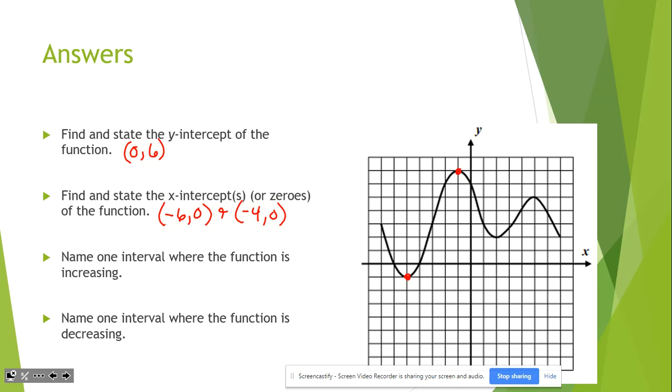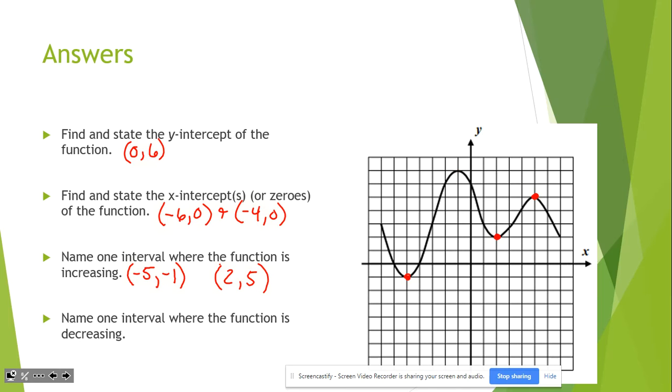Remember that anytime we're talking about increasing or decreasing movement, we use parentheses. So your possible answer here could be (-5, -1). Also, this point right here where x is equal to 2, and this point right here where x is equal to 5 is also an increasing part of the function. So you could also have (2, 5) with parentheses around both.